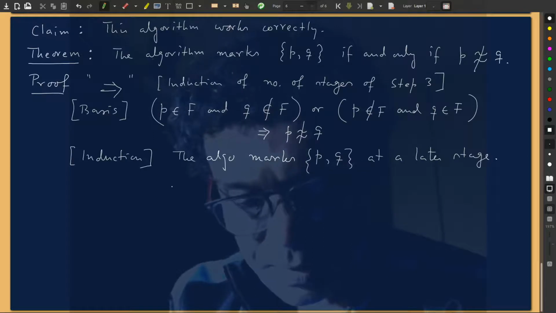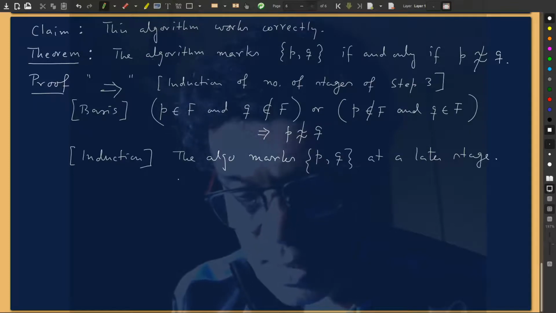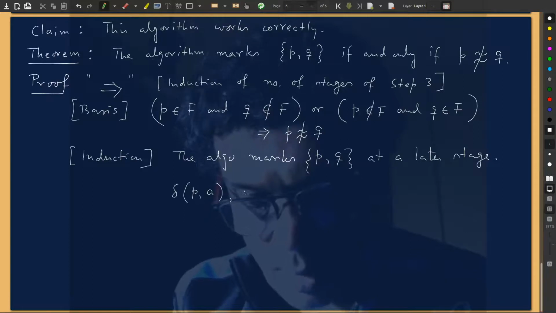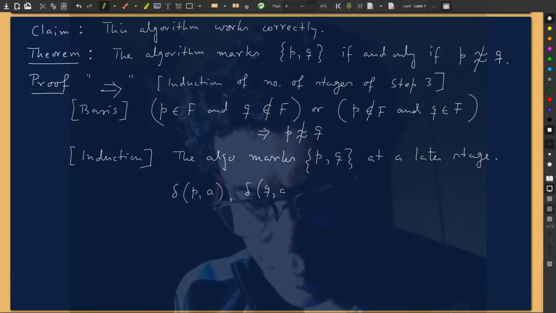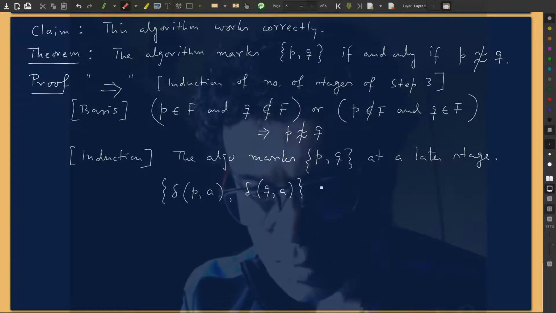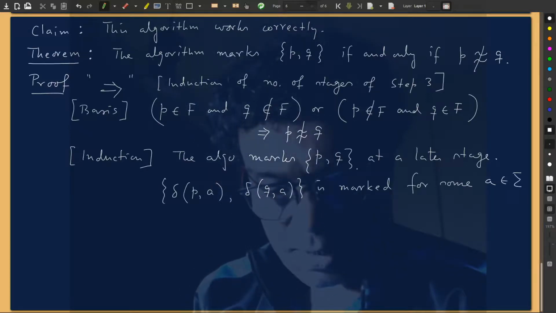It implies that it must have found some symbol A in the alphabet such that the pair delta PA, delta QA is marked, for some A. That is the reason in this iteration the algorithm marks P and Q.